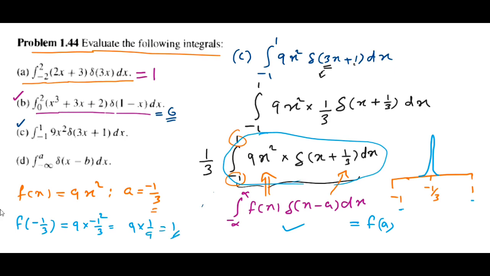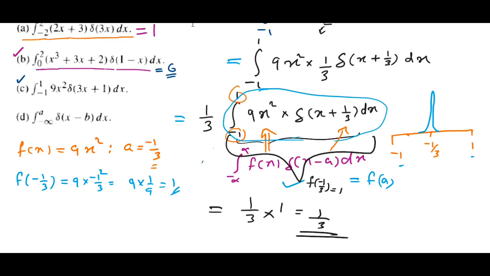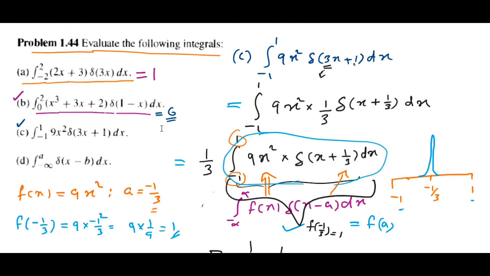Therefore, the result of this integration is 1 by 3 into the value we have obtained, f of minus 1 by 3, which is 1. That is, the answer is 1 by 3. Now we have obtained the third answer, 1 by 3. The fourth one you can do as homework. This is a very simple question.